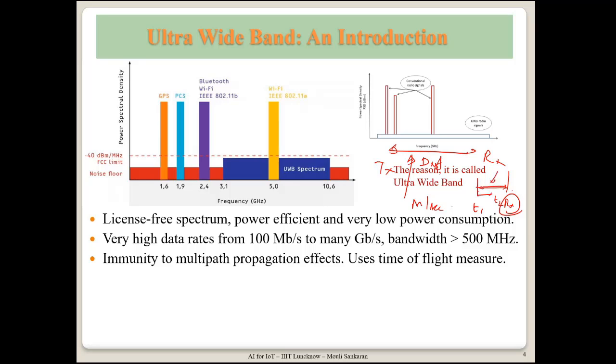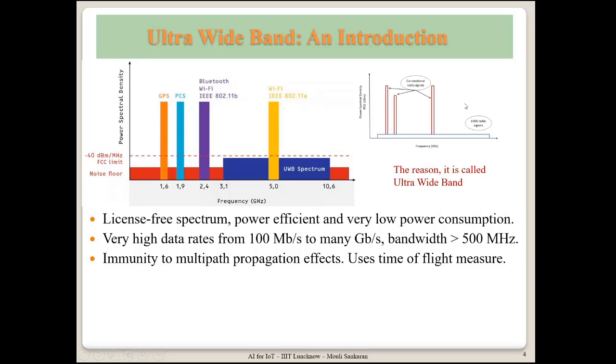It finds the distance between the transmitter and receiver because it knows at which time a particular pulse meant for that receiver is sent by the transmitter, so it senses the time at which it is received, and it works out the distance traveled by the pulse because it knows signals travel at 3 into 10 power 8 meters per second.